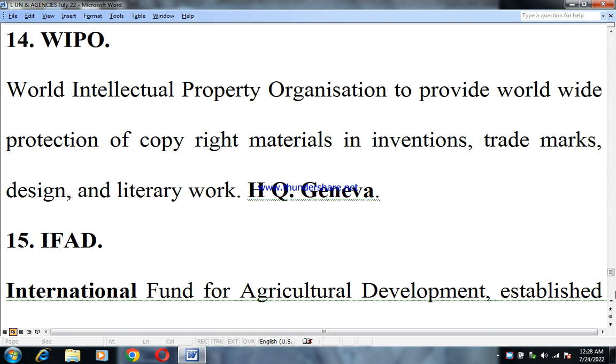Number 14, WIPO, World Intellectual Property Organization, to provide worldwide protection of copyrighted material in inventions, trademarks, designs, and literary or intellectual works. Its headquarters is in Geneva.